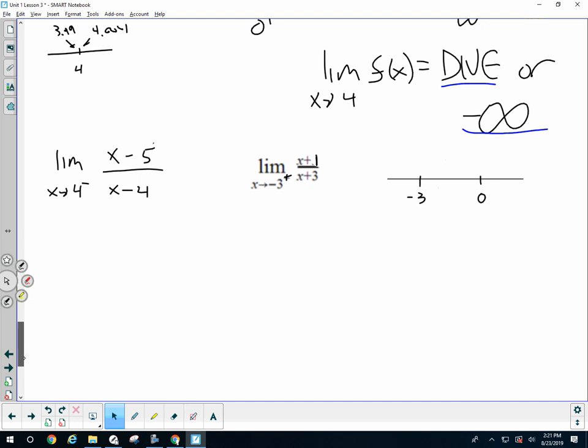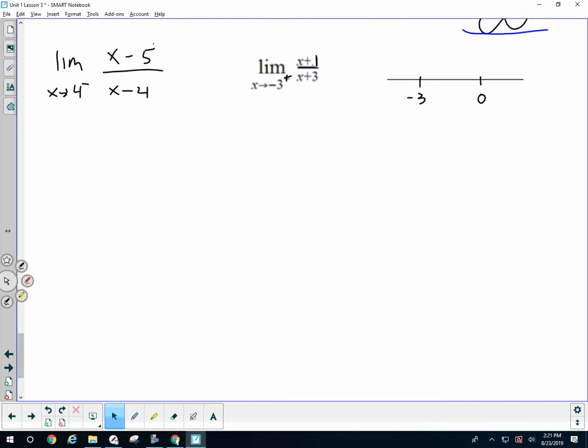Couple more. Just talked about 4 from the left, so I know 4 from the left is 3.999. Okay? Now, you're going to think about plugging that in. But I'm going to tell you, you won't have to worry about it in the numerator.